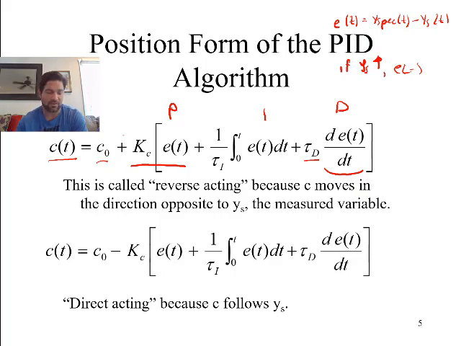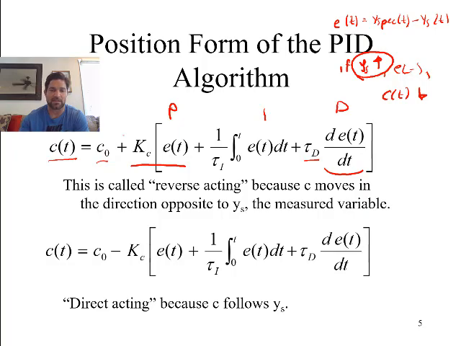If the error is negative, this is going to be a negative term. We're taking C naught plus a negative term, which means C of t is going to decrease. So for an increase in the sensor value, if the measured value increases, the controller output is going to decrease. Essentially that means the controller is reverse acting because it's moving in the opposite direction as the sensor value.